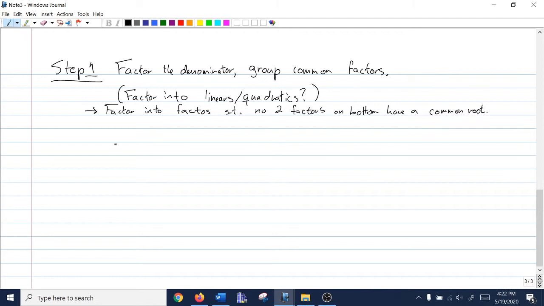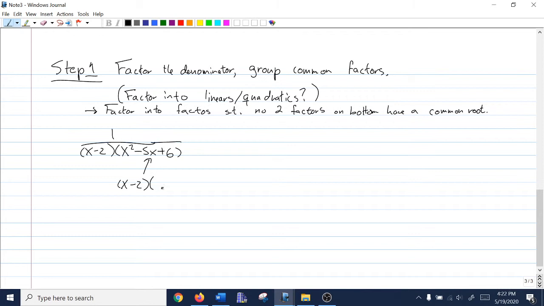So for example, if I had 1 over x minus 2 and I had x squared minus 5x plus 6, this thing is factorable. What does it factor into? Multiply to get 6, add to get negative 5. They'll both be negative.